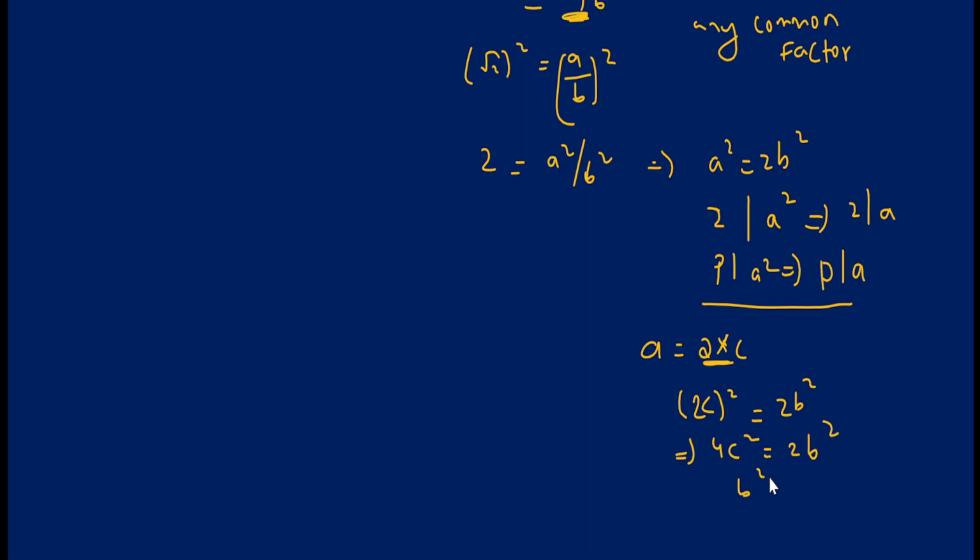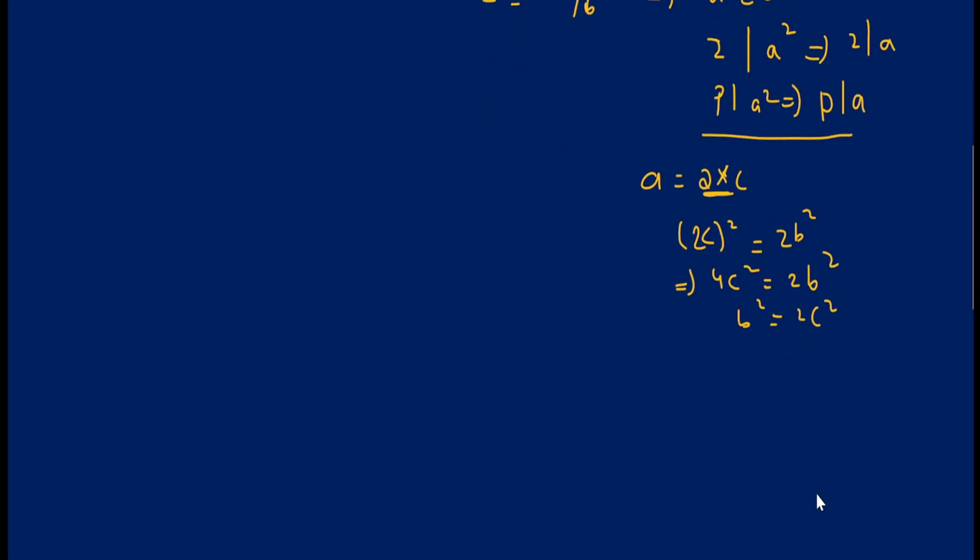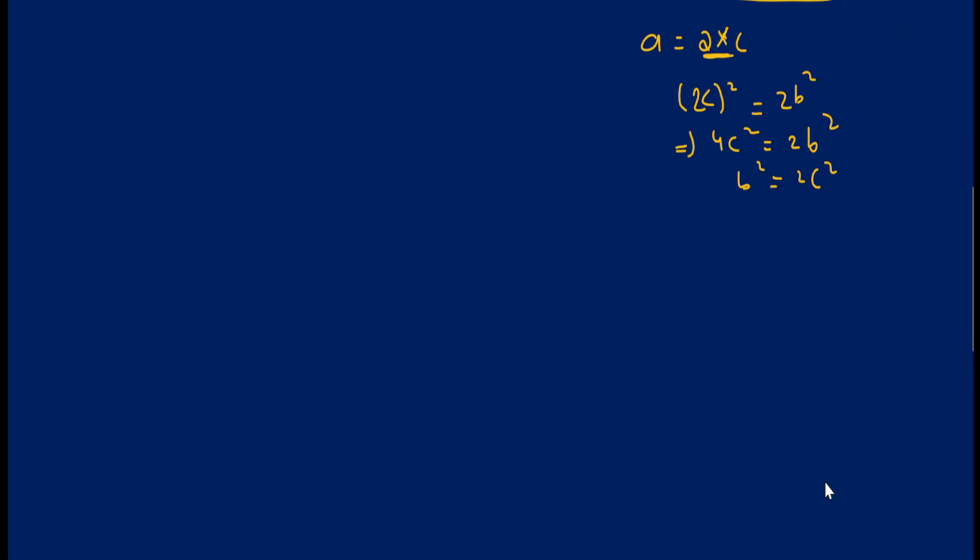This implies b square is equal to 2c square. Now, similar to the previous logic that we have done, from this equation you can say that 2 divides b square. This implies 2 divides b.